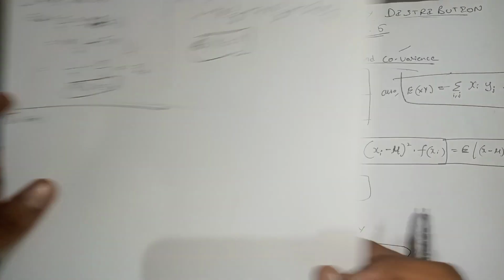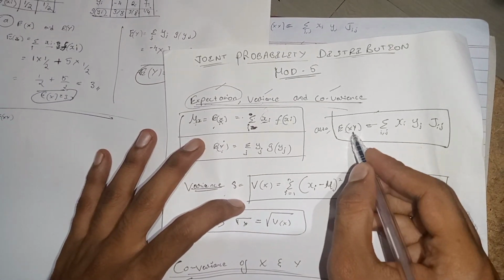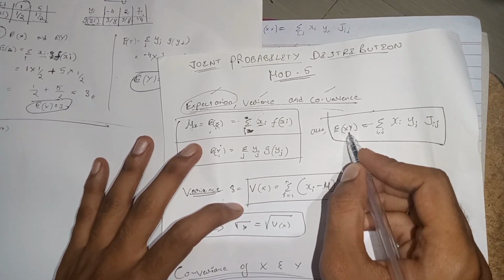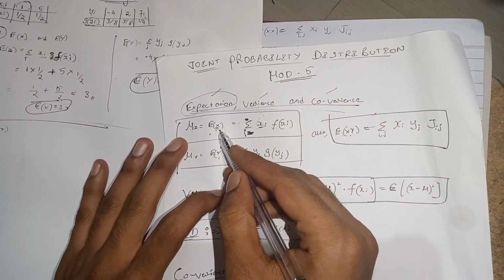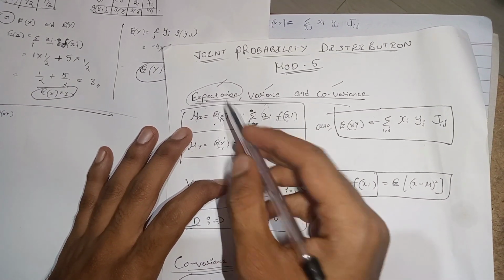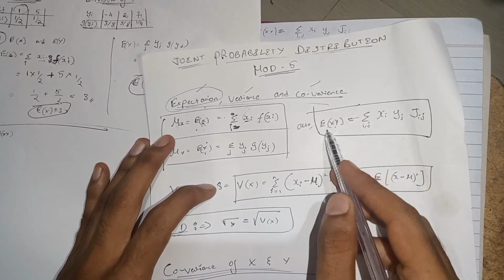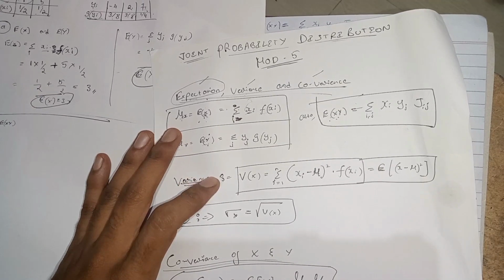So let us go back to our formula list. E of xy is also an expectation. E of x is the expectation of x, E of y is the expectation of y, and E of xy is the expectation of xy.